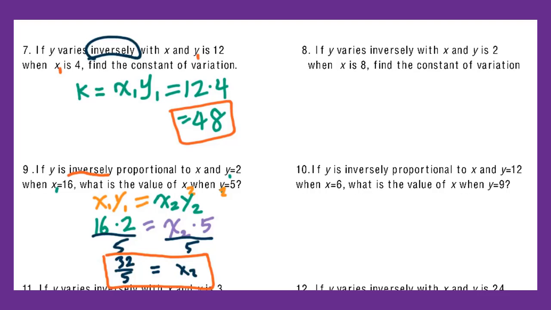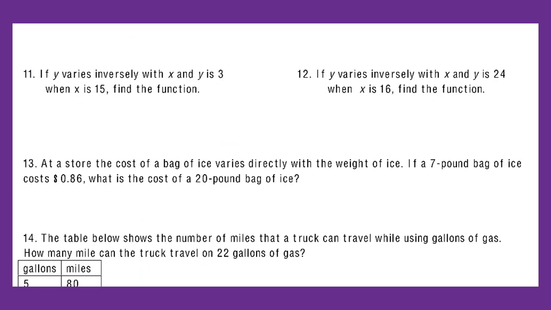That's the answer. For number 11, if y varies inversely with x and y is 3 when x is 15, find the function. First of all, label y1, x1. We're looking for the function, which basically means y equals k over x. It's rational. The parent function for the rational function is y equals 1 over x.